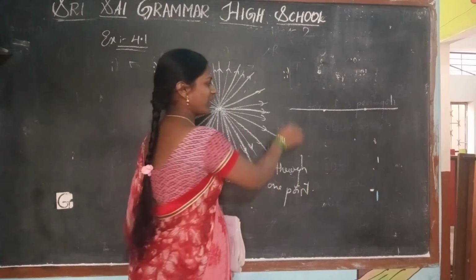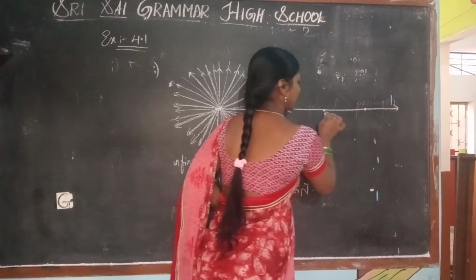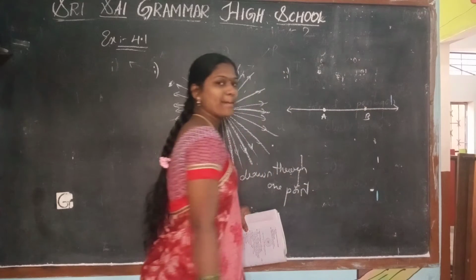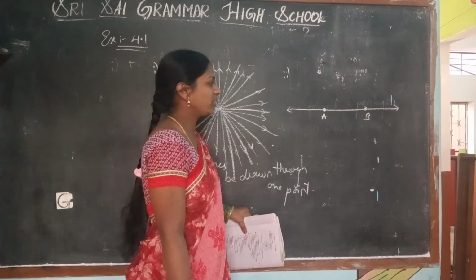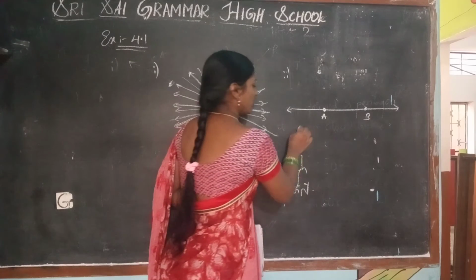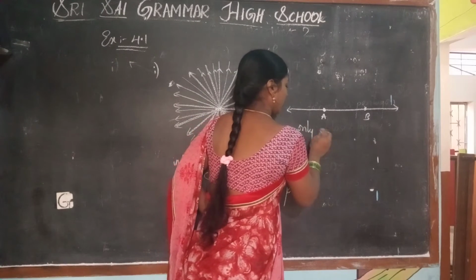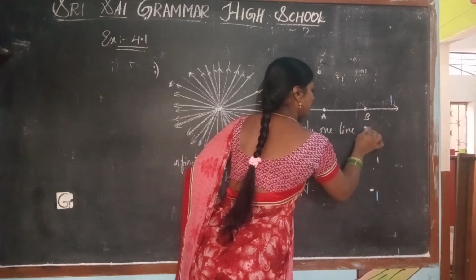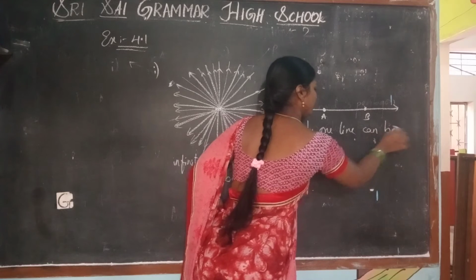Point A, point B. If they give only 2 distinct points, yes, only 1 line can be drawn.